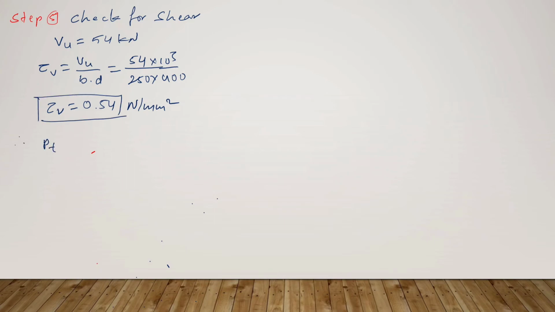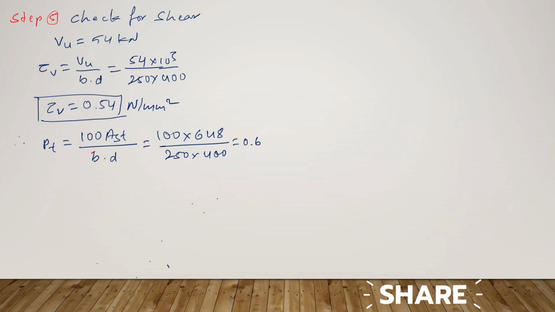Percentage of reinforcement PT is equal to 100 AST divided by B into D. 100 is equal to required 648 divided by B is 250 into D is 400. We will get 0.648.